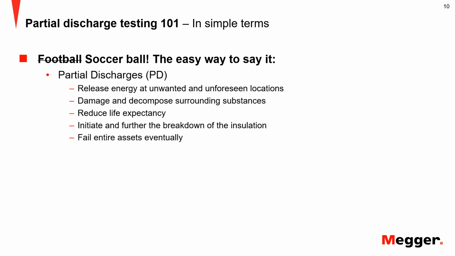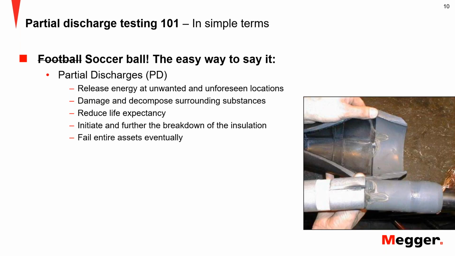Therefore, it initiates and then furthers an ongoing breakdown of the insulation until the asset will fail due to full insulation breakdown, which then means the life expectancy of that asset is reduced. And a typical PD fault, you can see on the right, these tracking marks that will eventually lead to a flashover.